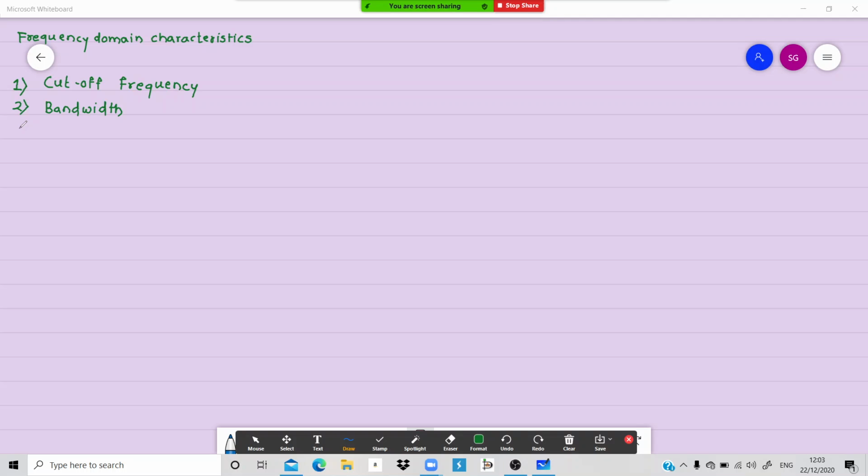Then one more was resonant frequency. What is peak resonance or resonant peak? MP or MR also, right? Then what else we had seen?